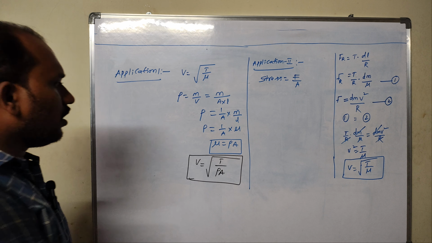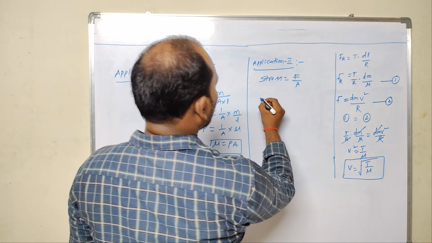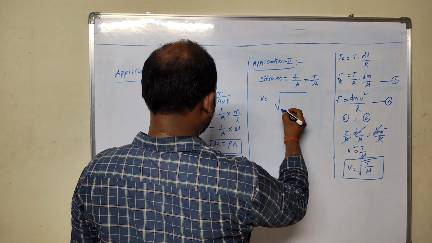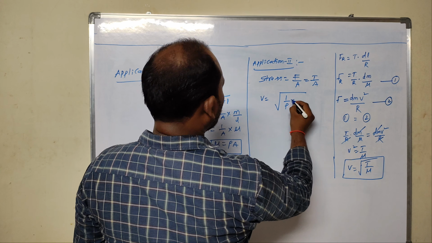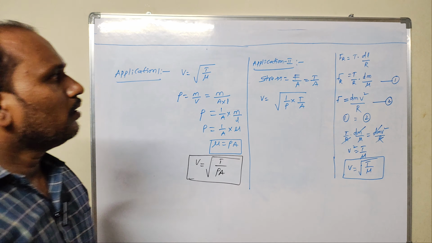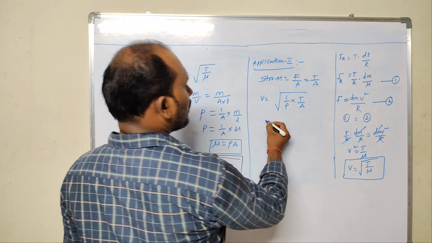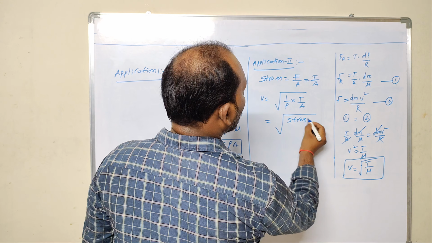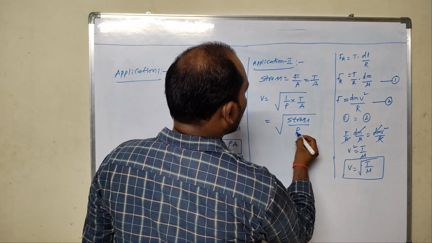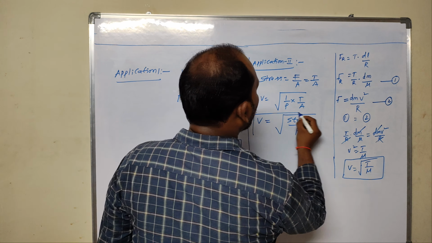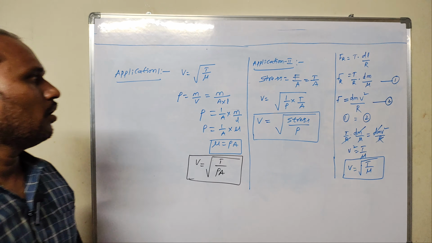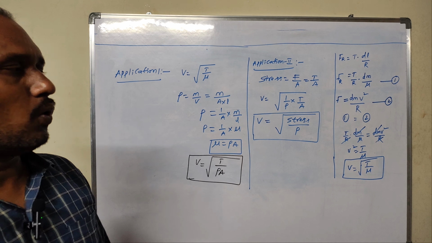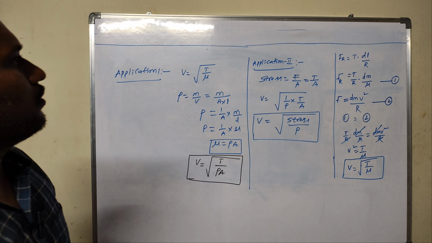Tension is also a force, so this is T by A. So V is root of 1 by rho into T by A. T by A is the stress. Sometimes we are given stress and we have to find the velocity of the transverse wave. V is equal to root of stress by rho. I hope you have understood now.